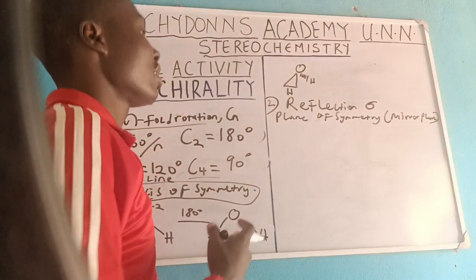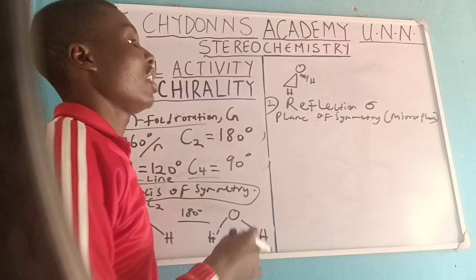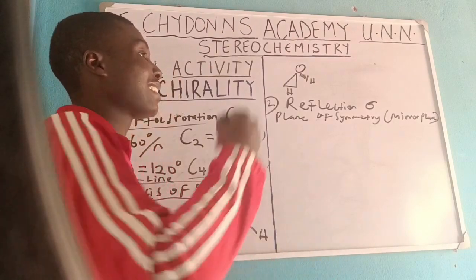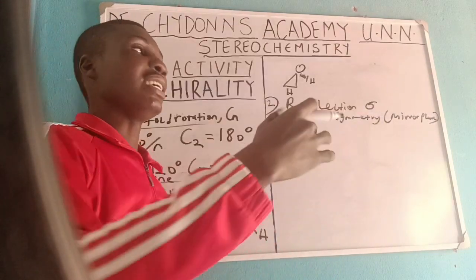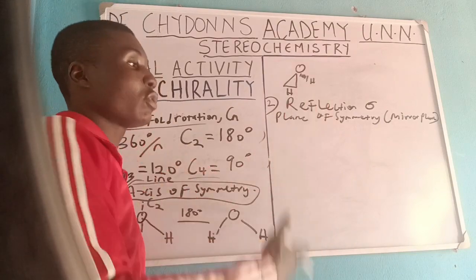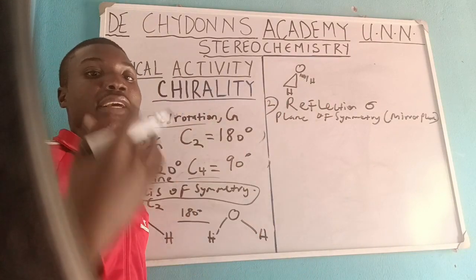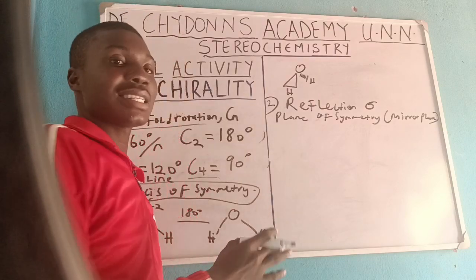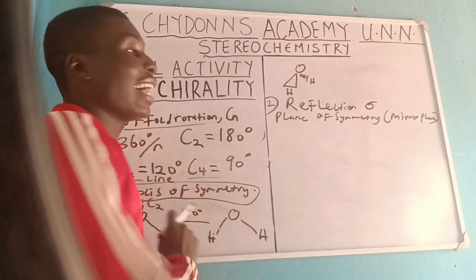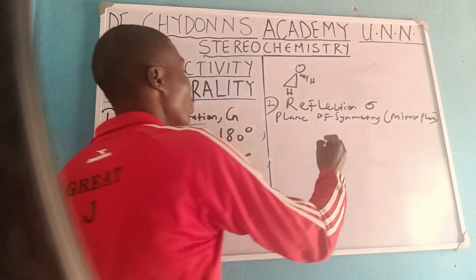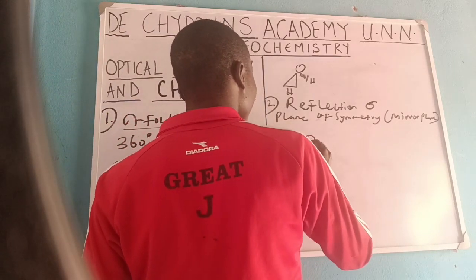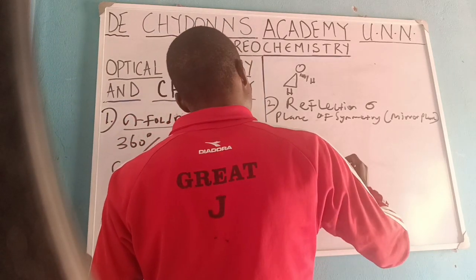Now, plane of symmetry simply means when there's a plane on the compound that gives it a mirror image, like the two parts between that particular plane is going to give a mirror image that is exactly the same. So for easier understanding, let's also use water and let's see what it's like. So this is water, O, and then we have H.